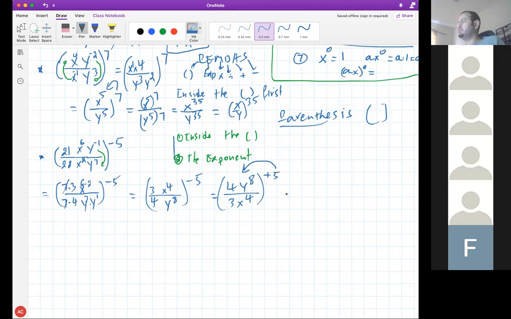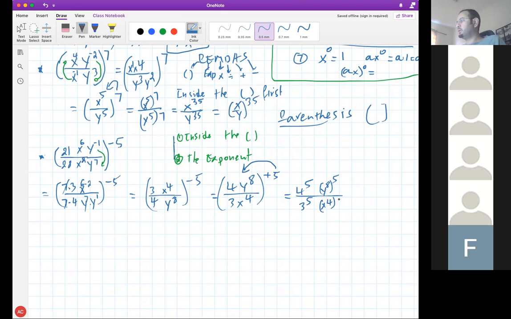This is the base. So let's first break it down, meaning we're going to write each one of these to the power 5. So 4 to the power 5. Then y to the 8th to the power 5. Then we're going to put 3 to the power 5. x to the power 4 also to the power 5.